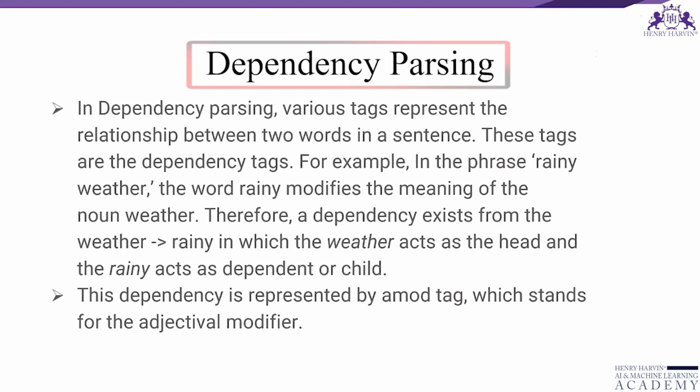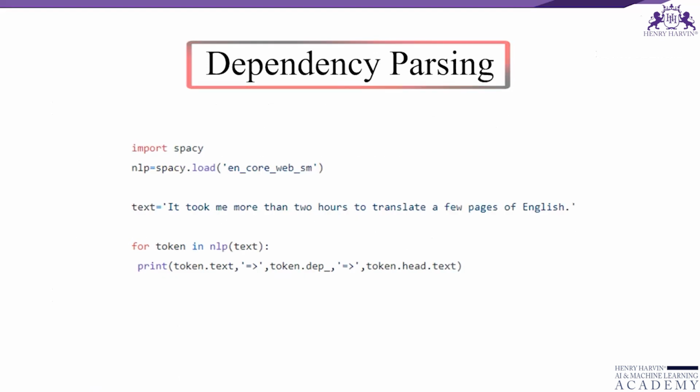Say, for example, in the phrase rainy weather, here the word rainy modifies the meaning of the noun weather. Therefore, a dependency exists from weather to rainy, in which weather acts as the head and rainy acts as the dependent or child. This dependency is represented as the AMOD tag, which stands for adjectival modifier.